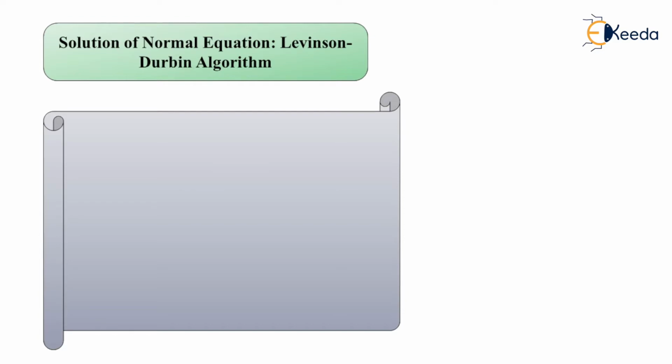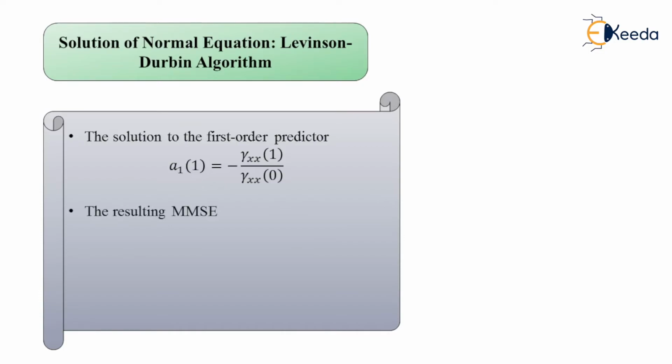The solution to the first order predictor is of the form a suffix 1 of 1 equal to the negation of the ratio, with gamma suffix xx of 1 in the numerator and gamma suffix xx of 0 in the denominator. The resulting minimum mean square error, MMSE, is given by capital E suffix 1 to the power f, equal to gamma suffix xx of 0 plus a1 of 1 multiplied by gamma suffix xx of minus 1.